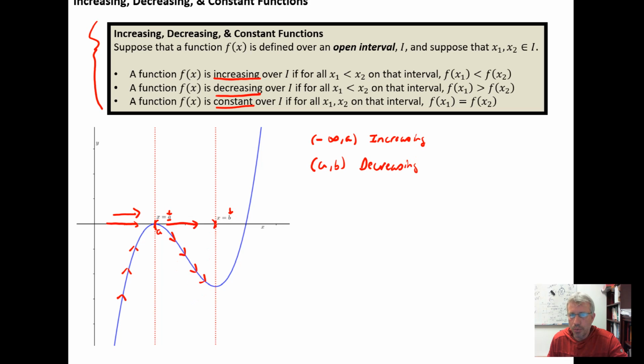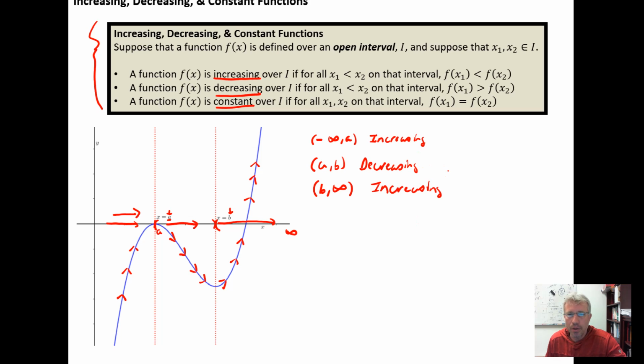And then once we get past an input of b, moving along the x-axis towards positive infinity, so on the open interval starting at b and moving towards infinity, we see that the function is now going upwards again. So the function outputs are increasing on this open interval. And these increasing, decreasing, and constant intervals are always going to be defined in terms of open intervals.